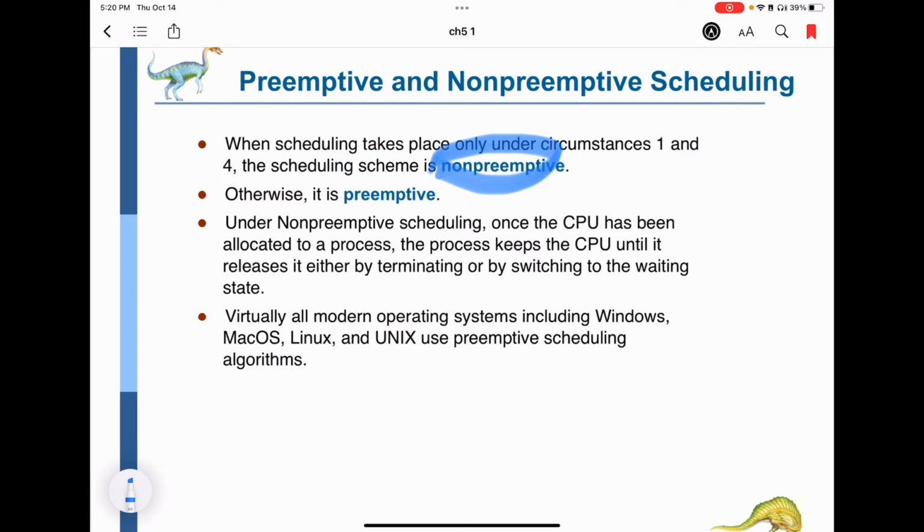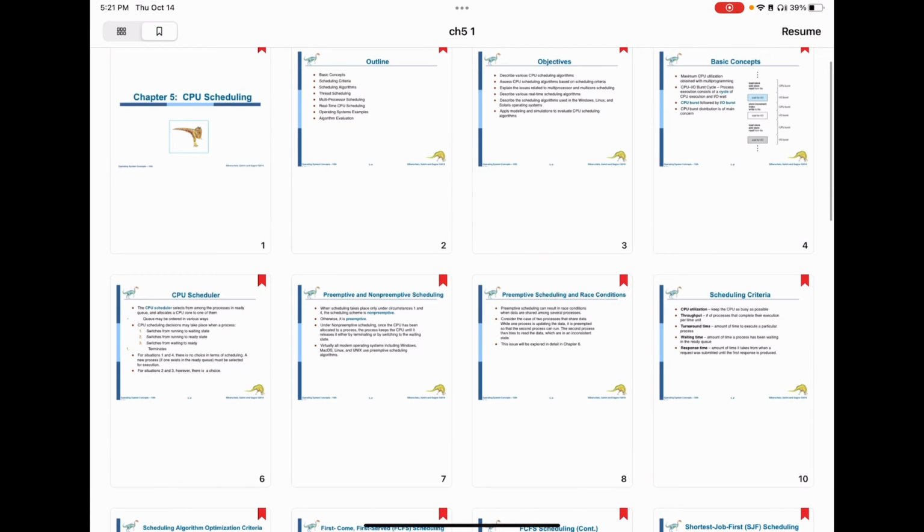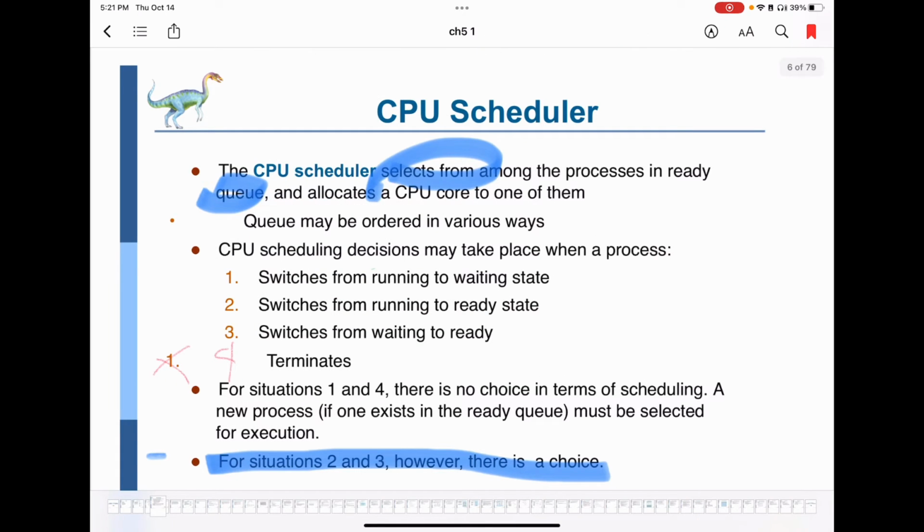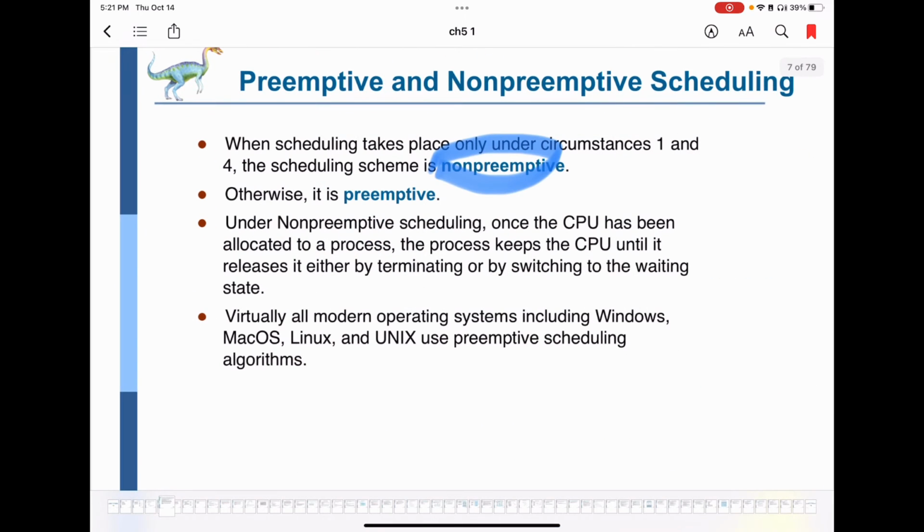Switching from running to terminate. Kaya nga siya is 1 and 4. Yan. Under the circumstances of 1 and 4, the scheduling scheme is non-preemptive, while otherwise it is preemptive.